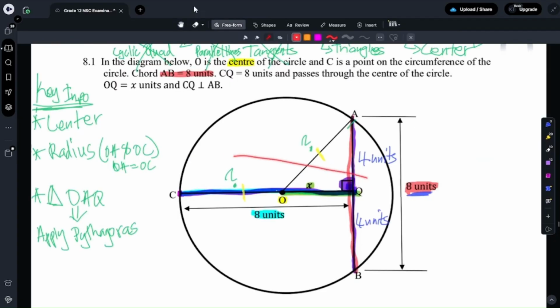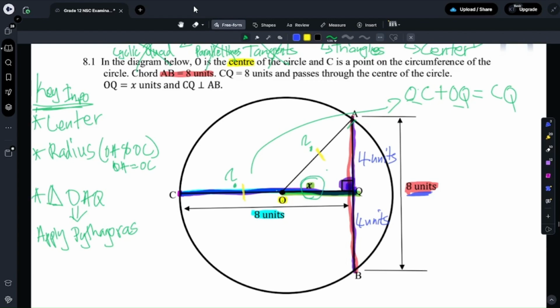Focus on this line for a moment. We can see that OC plus OQ makes up this line CQ. So OC plus OQ is equal to CQ. So note that we've got X right here.